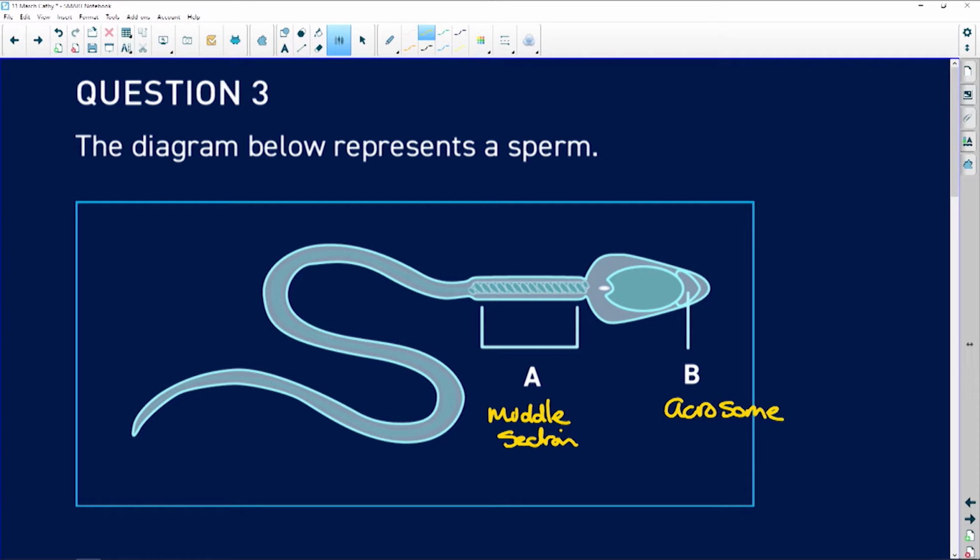This acrosome contains enzymes, and those enzymes are to penetrate the ovum. Because you must remember, our bodies actually want us to reproduce.